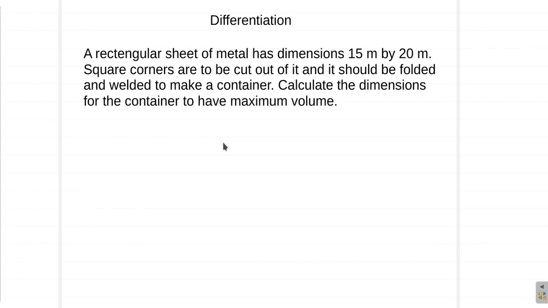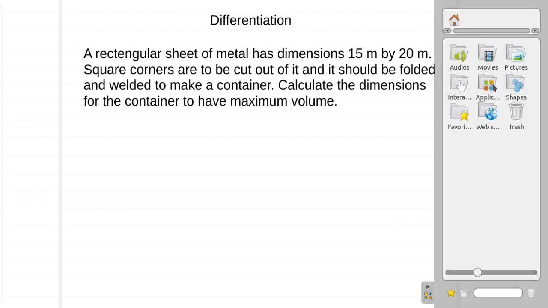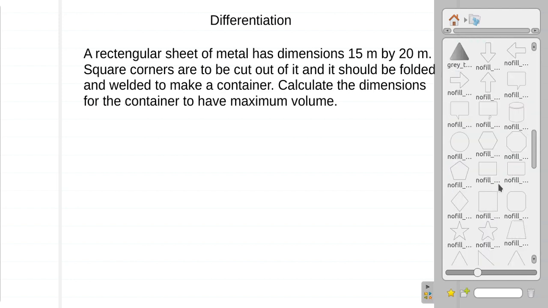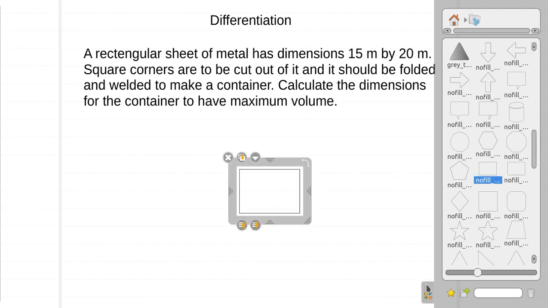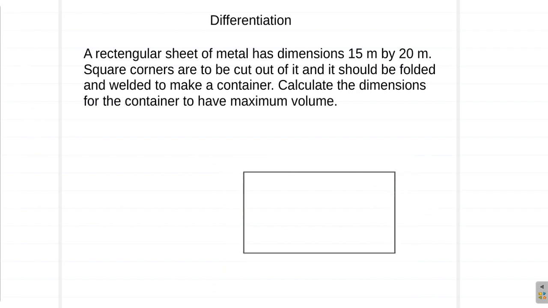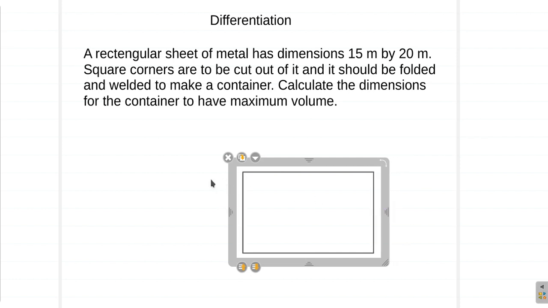Now, here, 15 by 20 meters. Let me see. I should have this rectangle and I label it, say we have 15 by 20 meters here. Let me put it more like what it should look like.